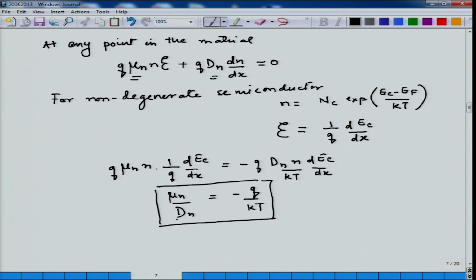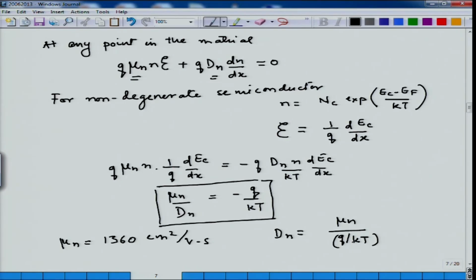In the earlier lectures, we have taken an example where the mobility of electrons is 1360 centimeter square per volt second. At room temperature, if I want to calculate the diffusion constant, it will be mu_n divided by q over kT, and kT over q is like a voltage.